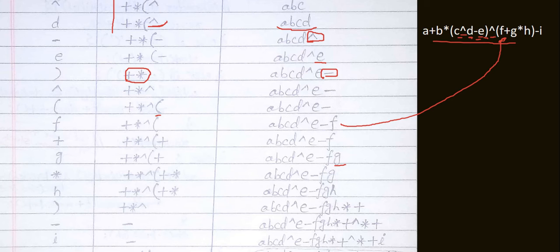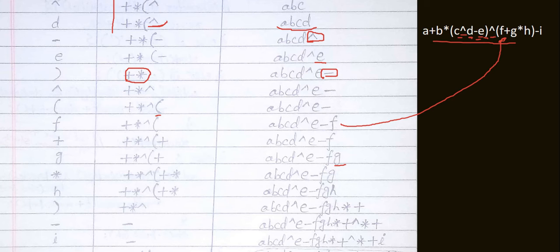Then the multiplication is just pushed into the stack, and then h is just concatenated with the output expression.